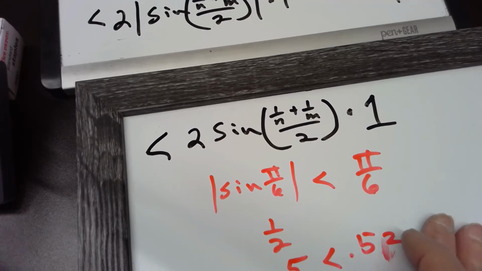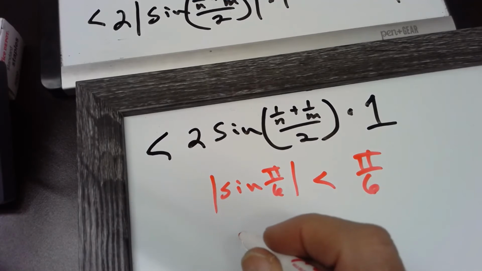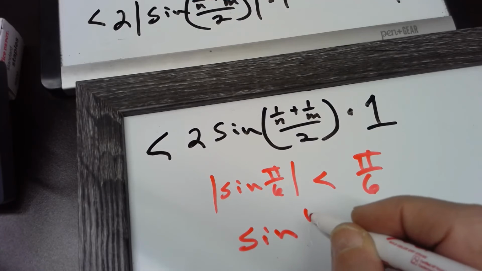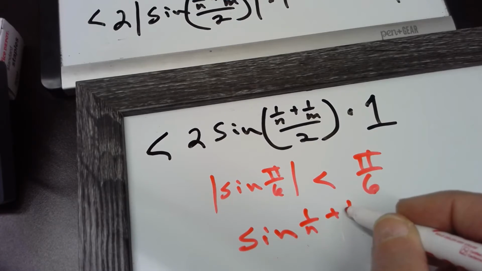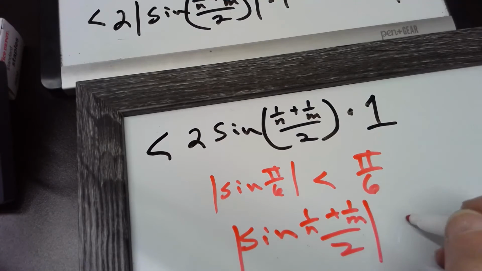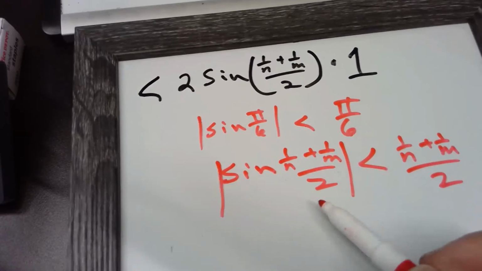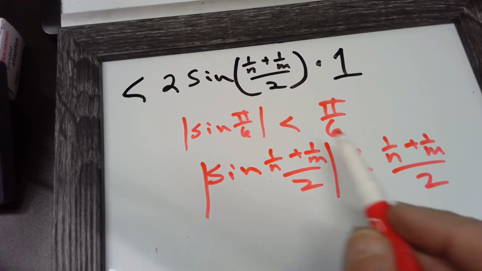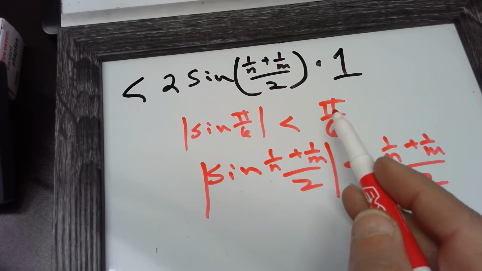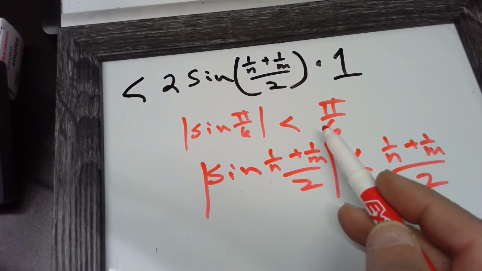So we can say that sine of (1 over n plus 1 over m) over 2 is less than (1 over n plus 1 over m) over 2. We can say that this is less than this, because we know that sine of pi over 6 is 0.5, and pi over 6 itself without sine is 0.52.